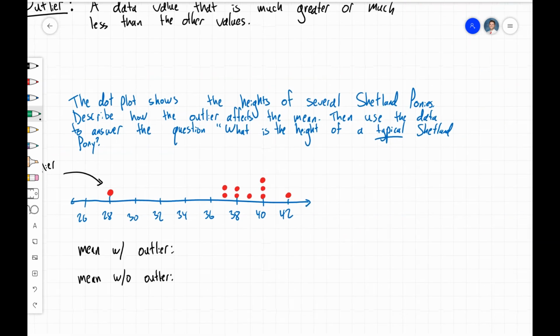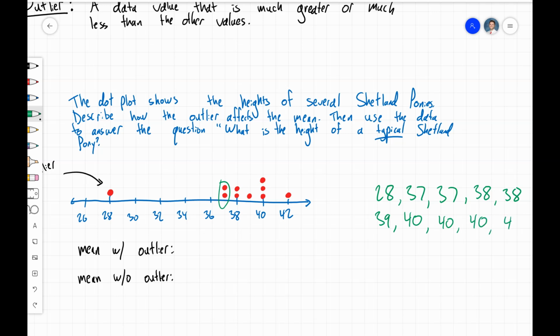Here, this dot plot tells us we have one value at 28. We have 2 here at 37, so 2 ponies are 37 inches tall. 2 at 38. 1 at 39. 3 at 40.